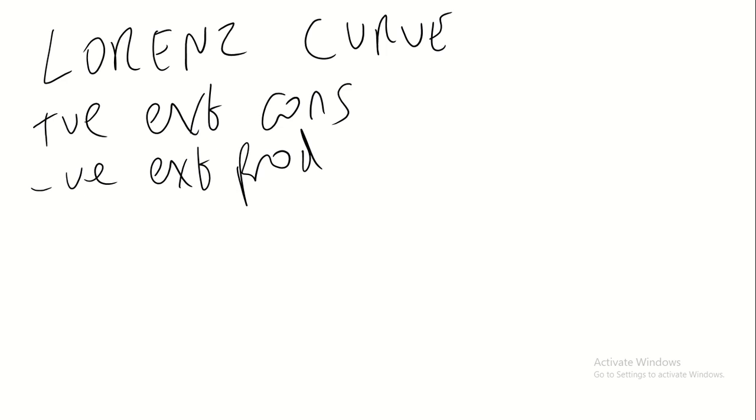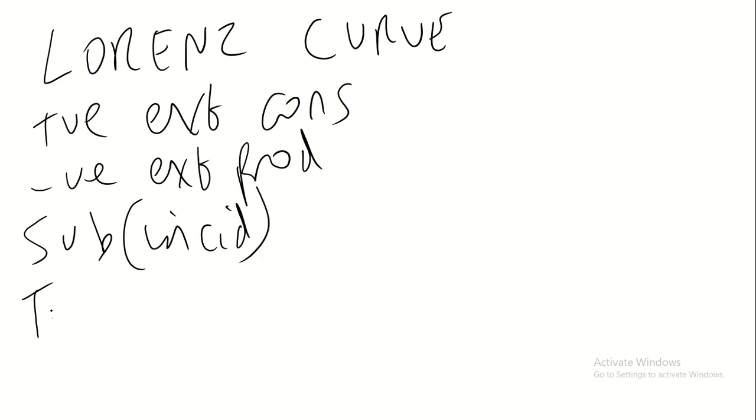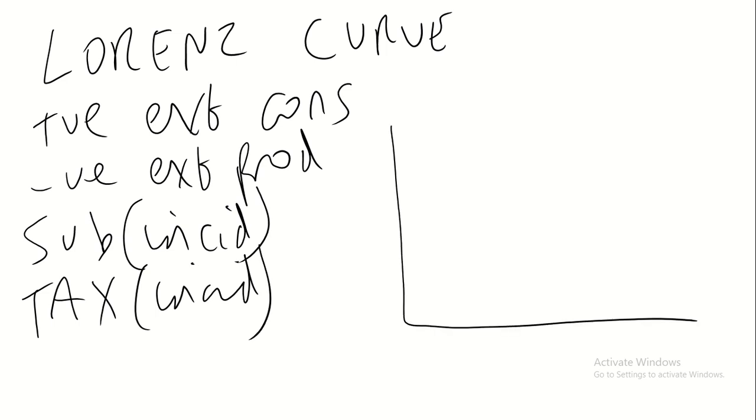Let's do a subsidy showing incidence and a tax showing incidence. Okay, I'll draw them all in this area here. So go ahead, draw them, pause the video, see how you get on.